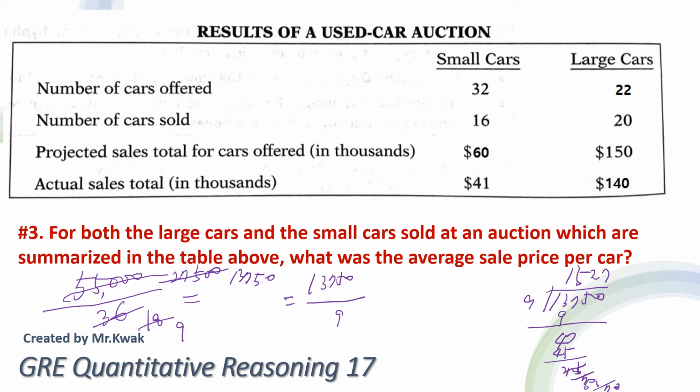I'm gonna skip the digits behind that number. So the average sale price per car could be approximately $1,527 and seventy-something cents.